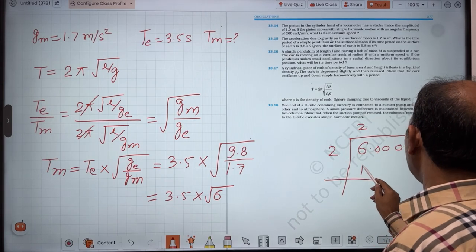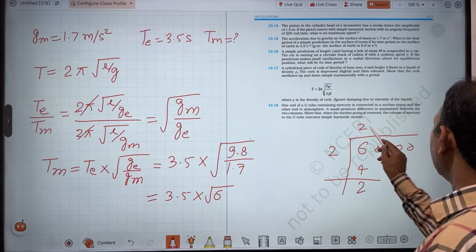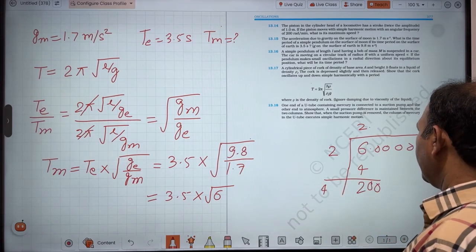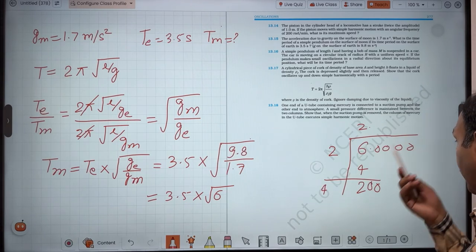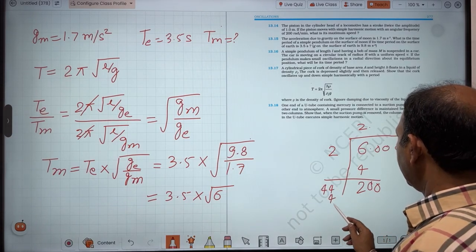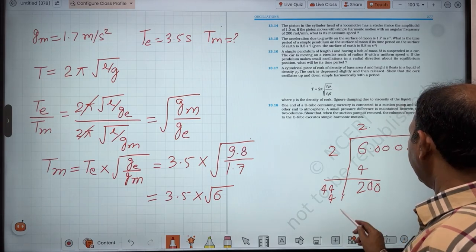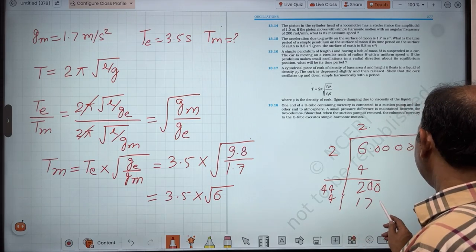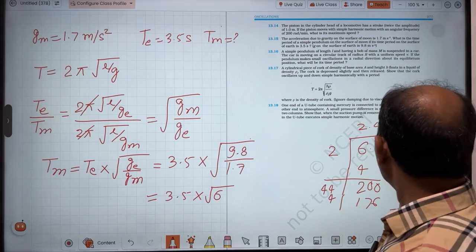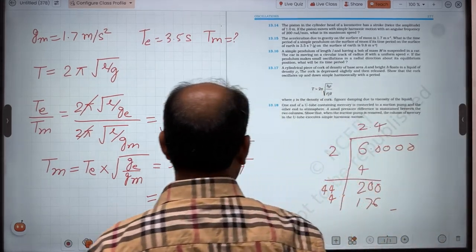So this will become 4, then 2, put here decimal, then 2 zeros, so this will become 4, and then 4 times, it will become 176, and then we can proceed. So around 2.43, I think.